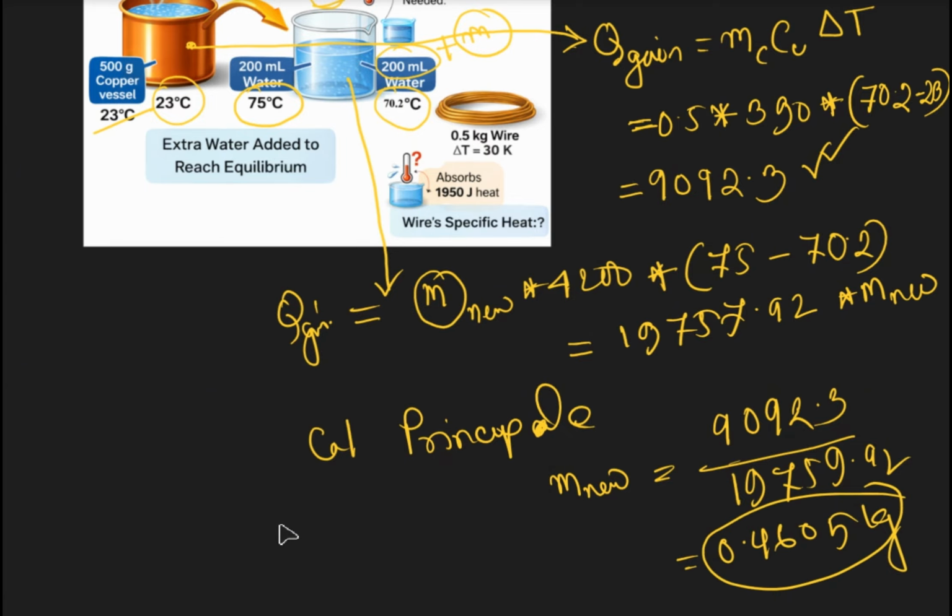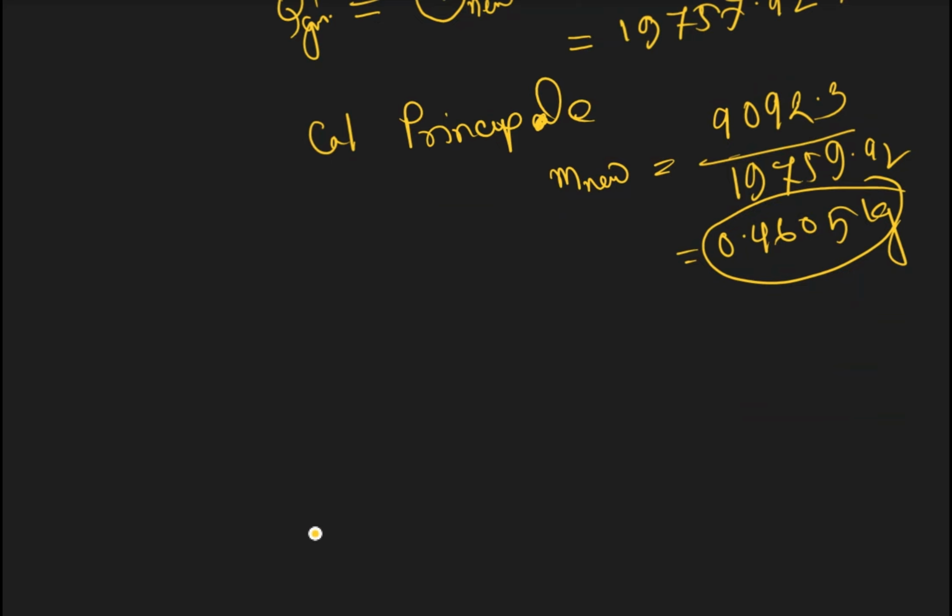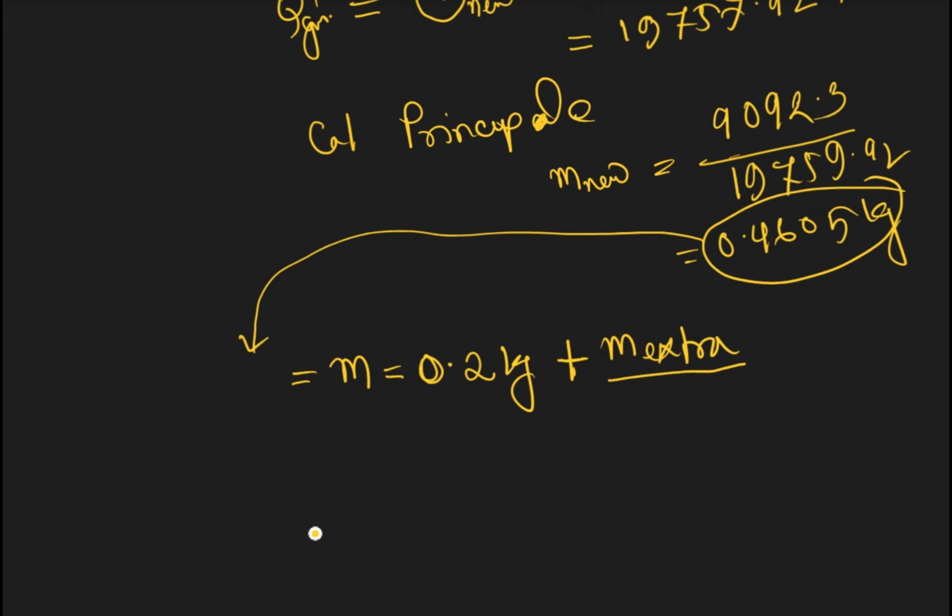So how much water needs to be added for the equilibrium position? The previous mass was 0.2 kg, right? So 0.2 plus m extra, which we have to calculate right now, and the new value is 0.4605. Of course, this is a fractional value.